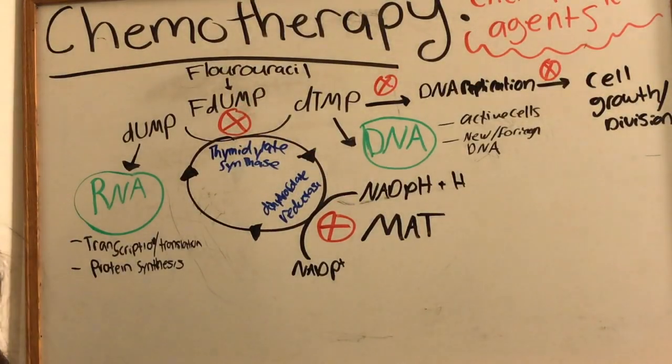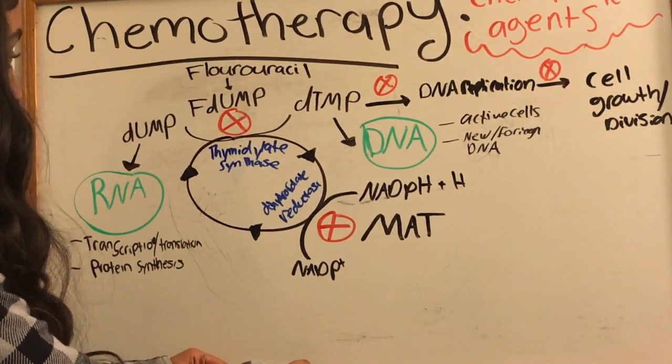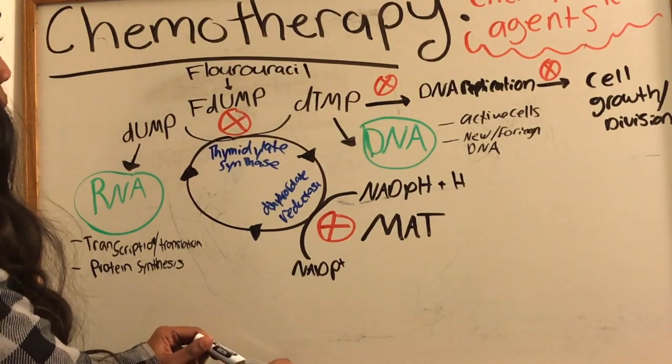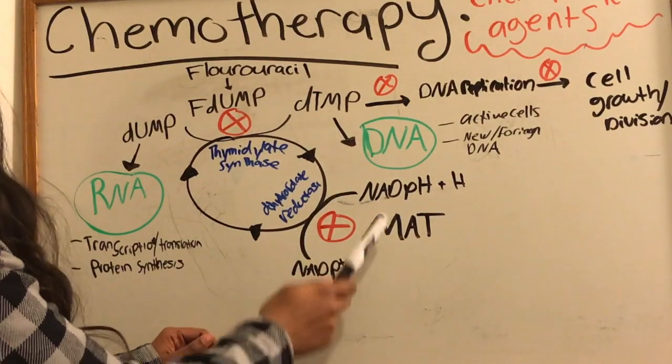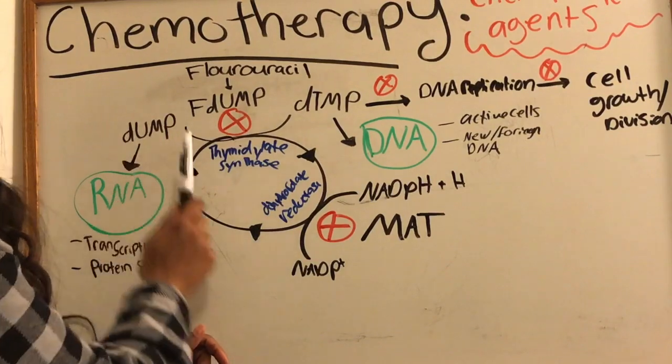So I wanted to add one more thing and explain why these chemotherapeutic agents stop the synthesis of dTMP and not dUMP. And it has a lot to do with our RNA and DNA. We know that our DNA is made up of dTMP and our RNA is made up of dUMP.